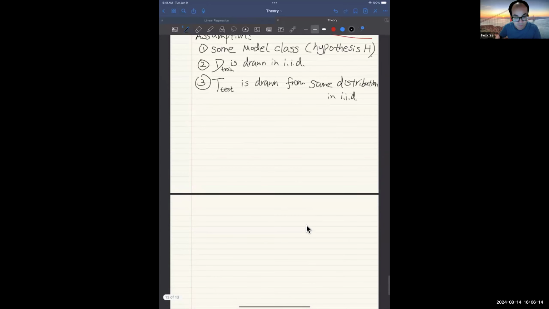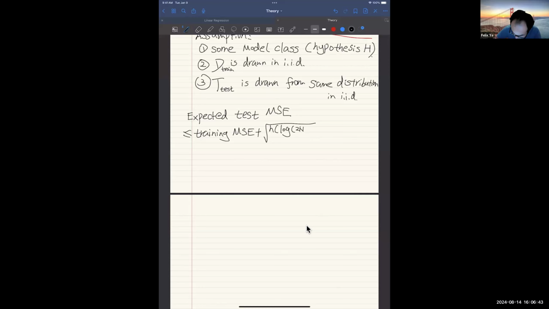Then my expected test MSE is less than or equal to the training error plus the square root of h times the logarithm of 2n over h plus 1, minus the logarithm of eta over 4, divided by n, with probability 1 minus eta.